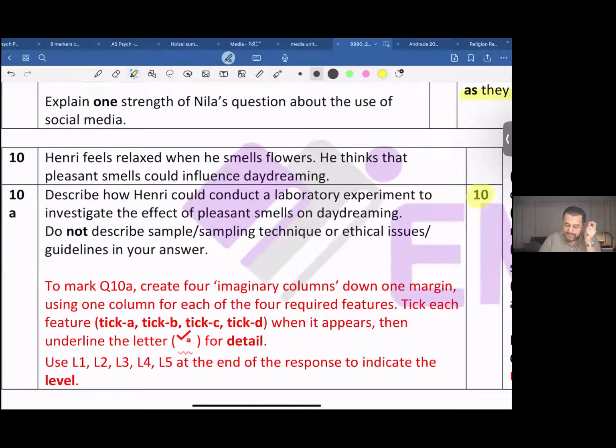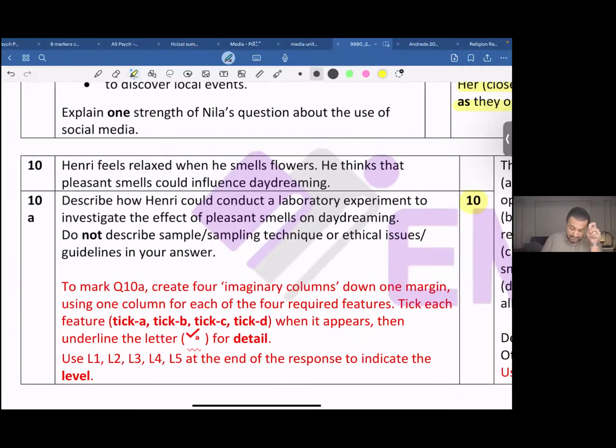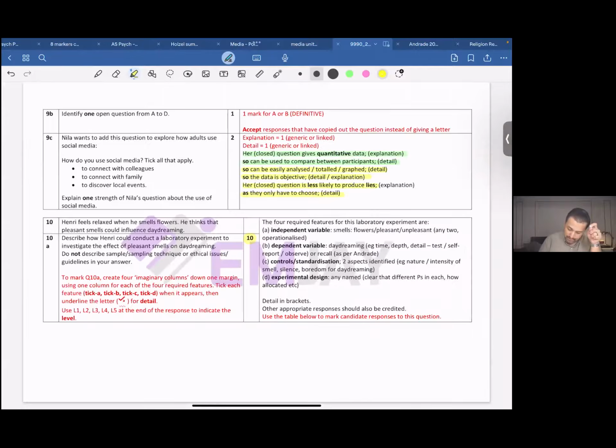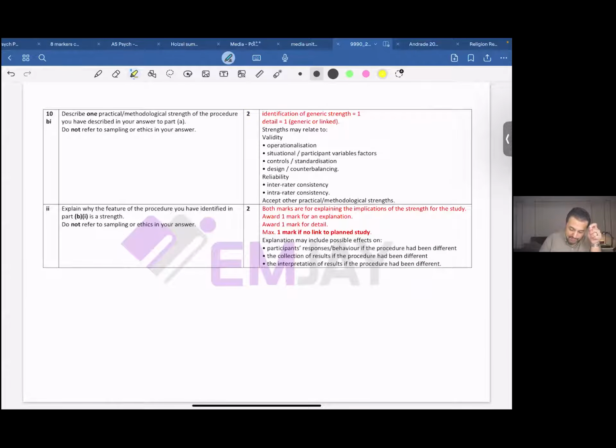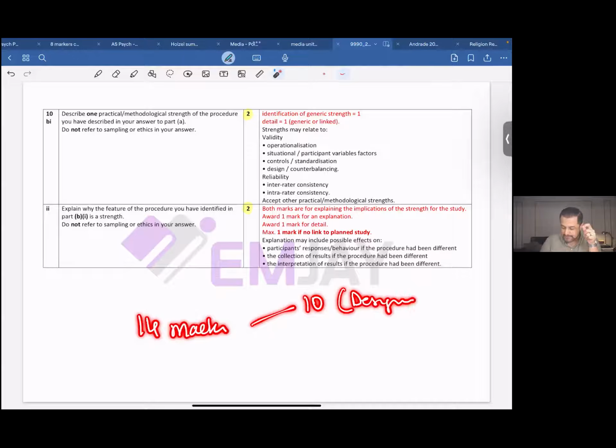This is of 10 marks, but along with this, the B part is of 4 marks. Question number 10 typically is of 14 marks, where the 10-mark question is, let's refer to it as designing a study, followed by 2 more questions of 2 marks each.